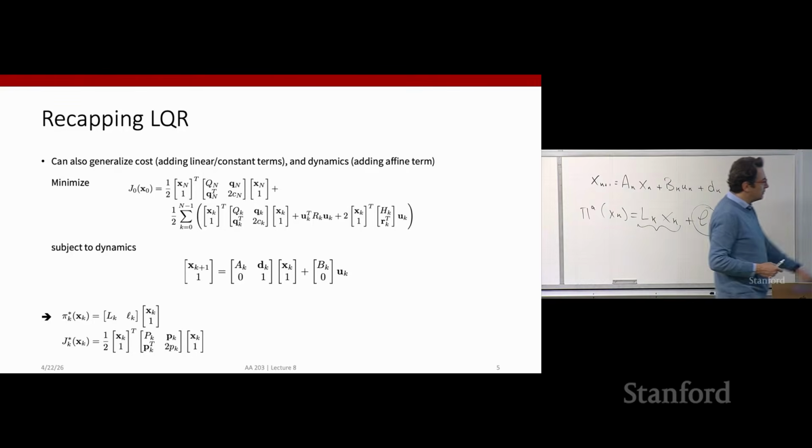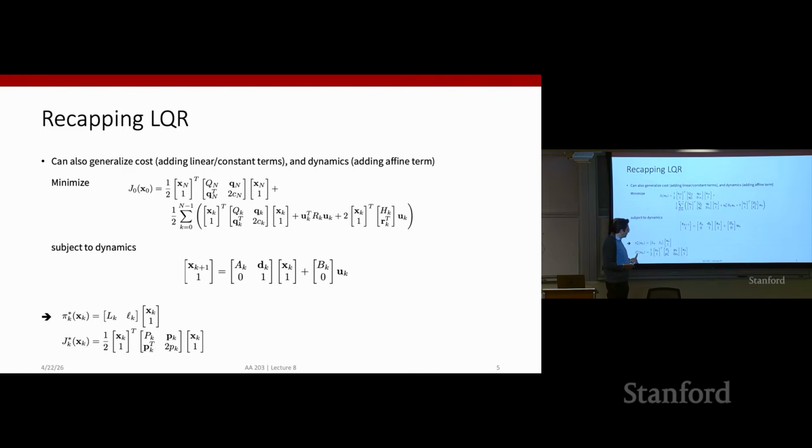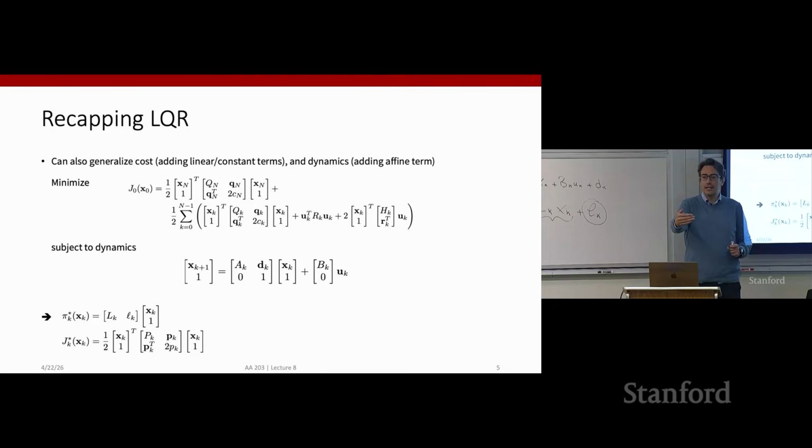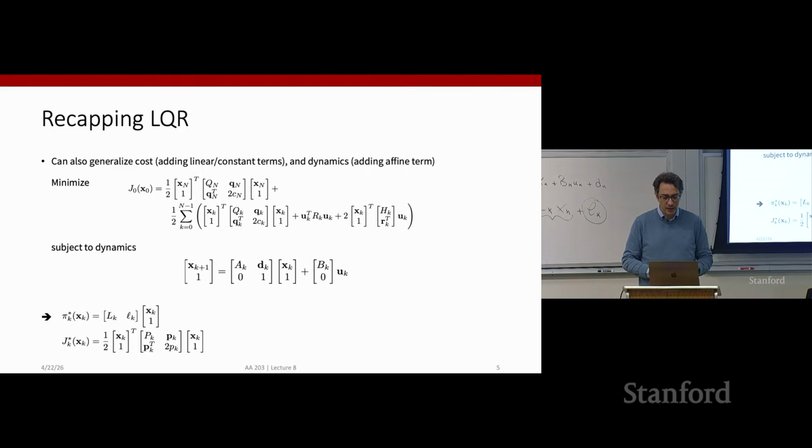And likewise, now the optimal cost is no longer just x transpose P x, it also has linear terms in x and then a constant. All these values, matrix PK, vector pk, constant pk, capital LK, and so on, are all derived through Riccati-like update equations, the specific implementation of which is provided in the notes. They're a little bit cumbersome, not super useful to show here.